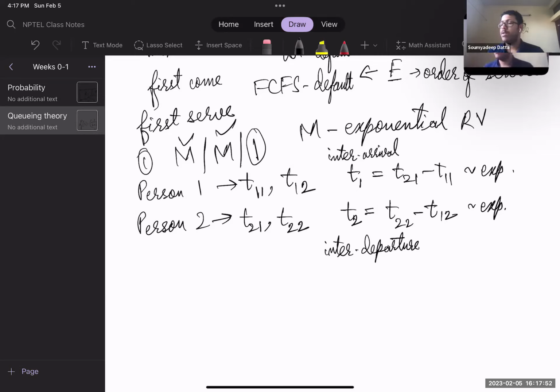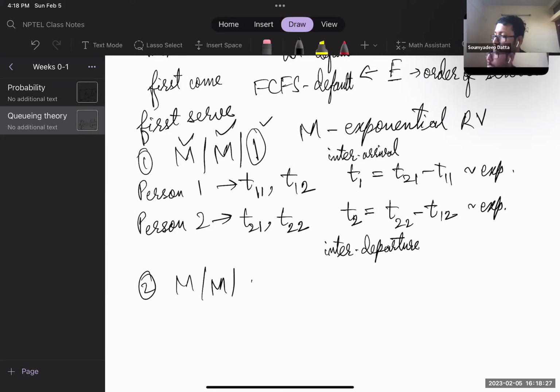If you have two cashiers at the exit of a mall, let's say, then you will have MM2, because there are two people serving the customers in the queue. Similarly, you can have other models. MM1 is a popular queuing model. Another is MM infinity.